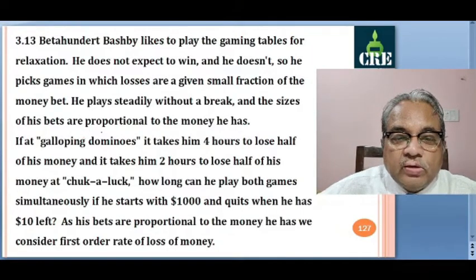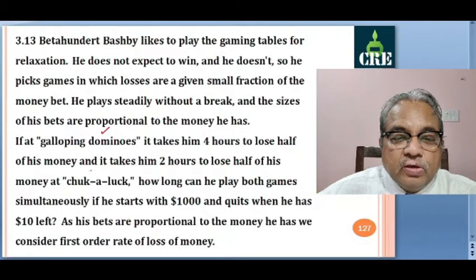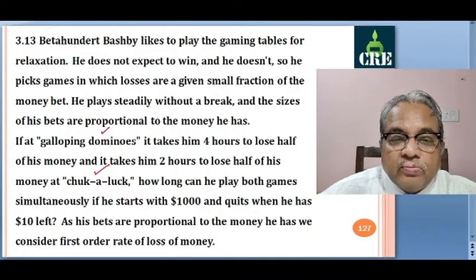At Galloping Dominoes, this is the name of that casino where he is gambling, it takes him 4 hours to lose half of his money, whereas it takes 2 hours to lose half of his money at another place, Chakelak. So at place 1, 4 hours to lose half.